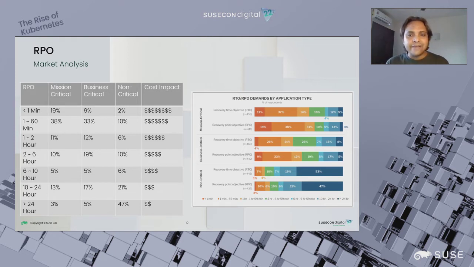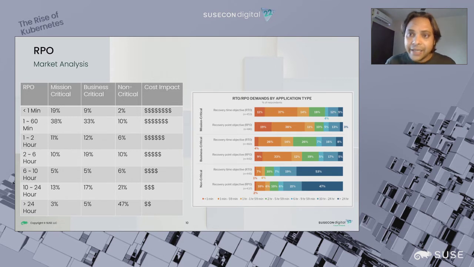They have done a very beautiful categorization of the systems: mission critical, business critical, and non-critical. They portray how important it is to define that landscape. 19% of mission critical systems require an RPO of less than 1 minute, while only 9% and 2% of the other systems require an RPO of 1 minute.